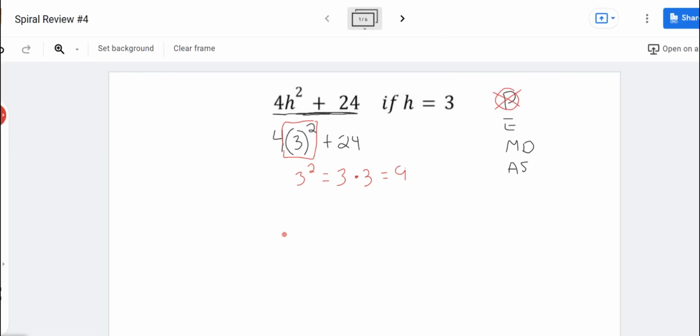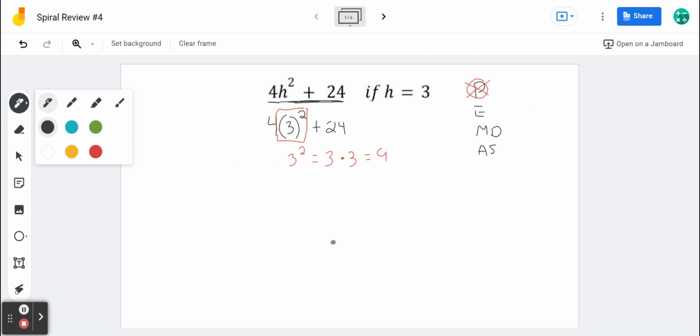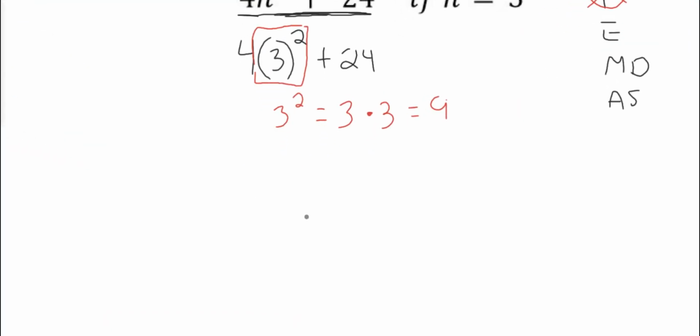And now I can rewrite this expression. So I'm going to go back to my black ink. So the 4 I have not touched, so that stays there. The 3 squared, I'm now going to change and put a 9. And then I have not used the plus 24.